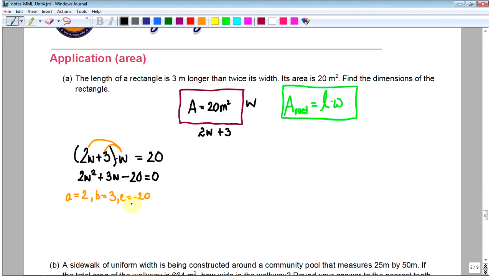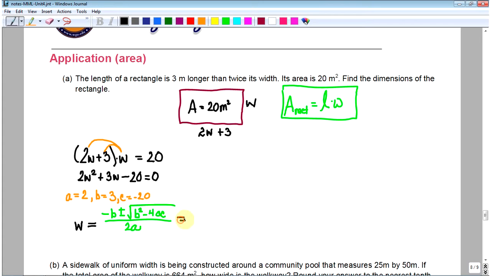So for my quadratic formula, I'll have that w, since that's the variable we're using, is equal to, okay, let me write our formula and then we'll plug our values in. The opposite of b plus or minus the square root of b squared minus 4ac, divided by 2 times a.